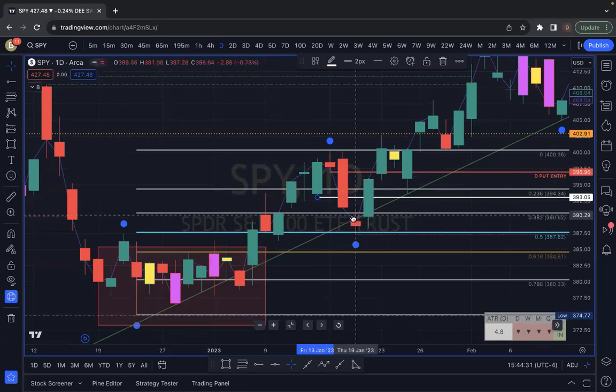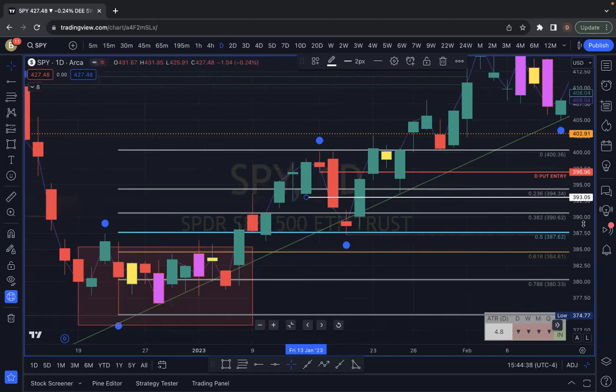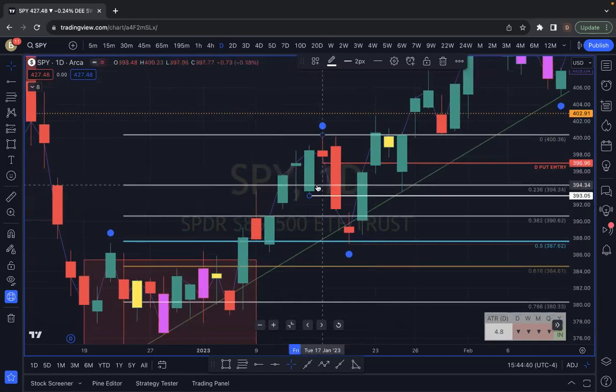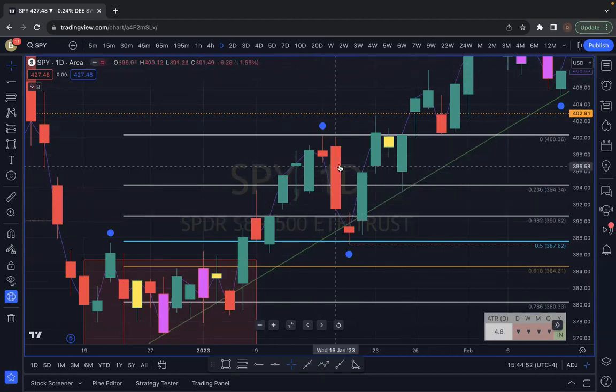Now, if we were looking for a reversal back up to the upside, because this is a low probability, if you try to short in an uptrend, you have a lower probability of hitting your target. This worked out in this favor. So instead of trying to short it, I would be looking for a reversal back up to the upside, or a TTO back up to the upside. It gave me signs of a TTO with the shooter candle.